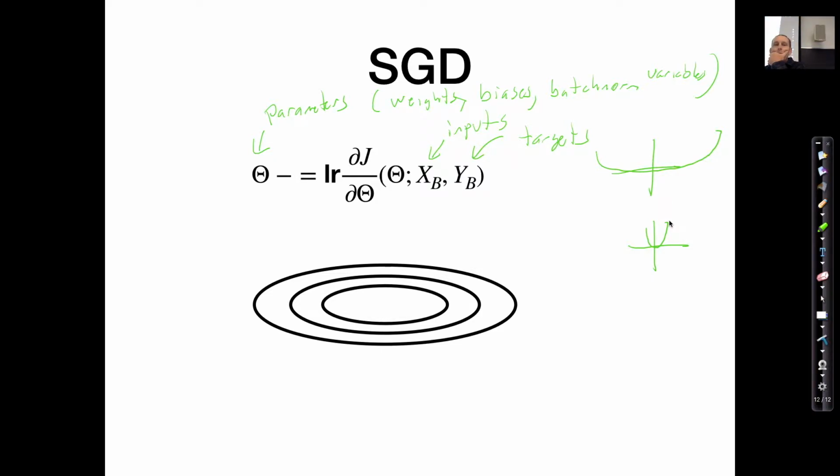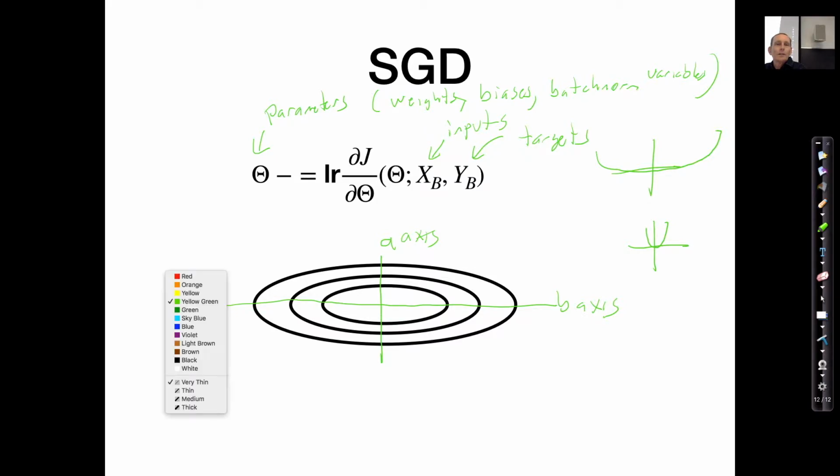If we look at this as the a-axis, and this as the b-axis, and we are at a particular point on this three-dimensional map, let's say we're here. In which axis is our gradient steeper?